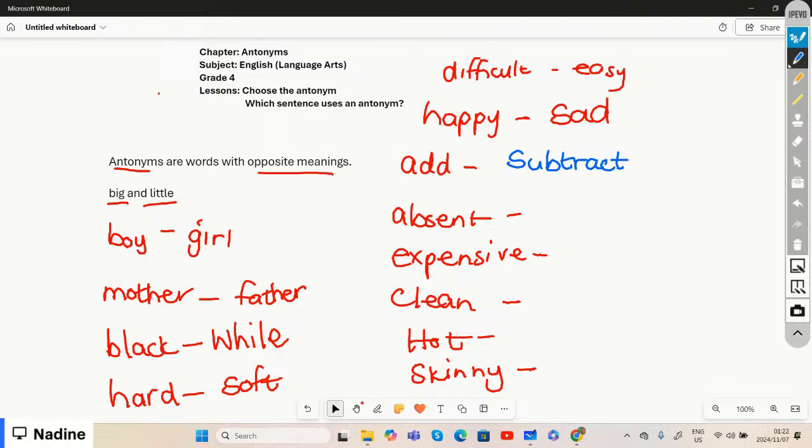So we said it is adding or subtracting. It's either hot or cold. Well done. We can say skinny or thick, or skinny and fat. Clean and dirty. Yes, well done.